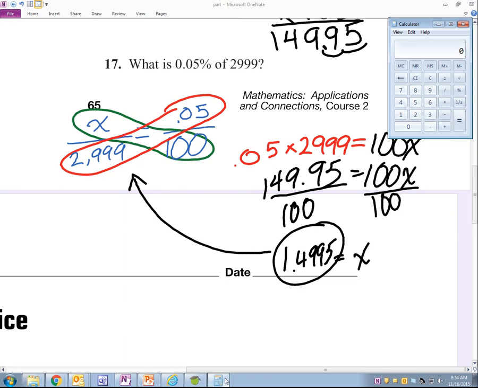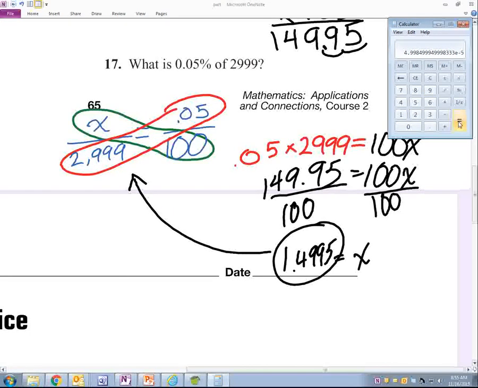Kenzie? No, it's only when it's divided by 100. However many zeros there are, if you're dividing by a base 10. So 1.4995 divided by 2,999. Oops, that was too many.